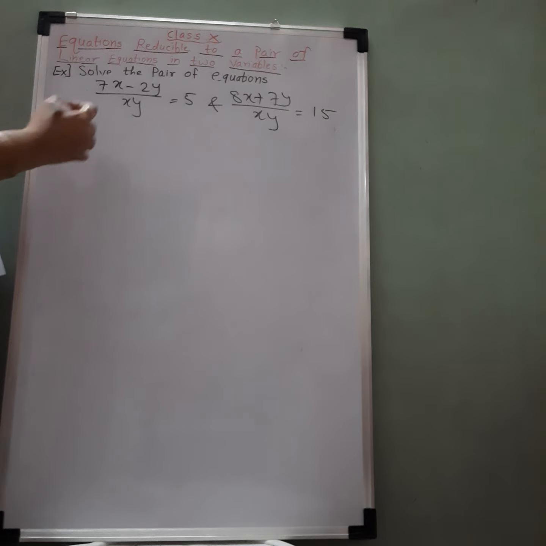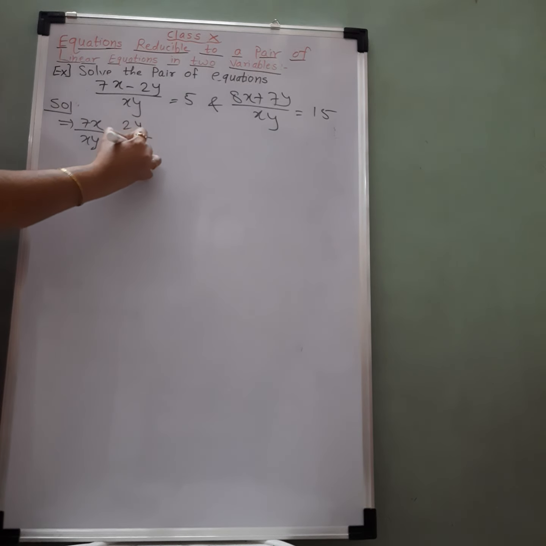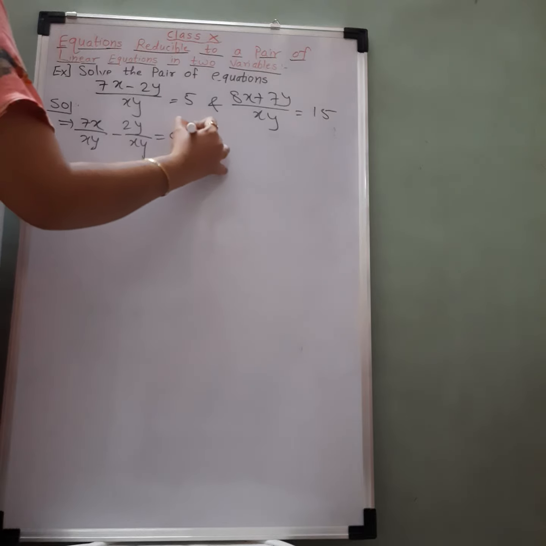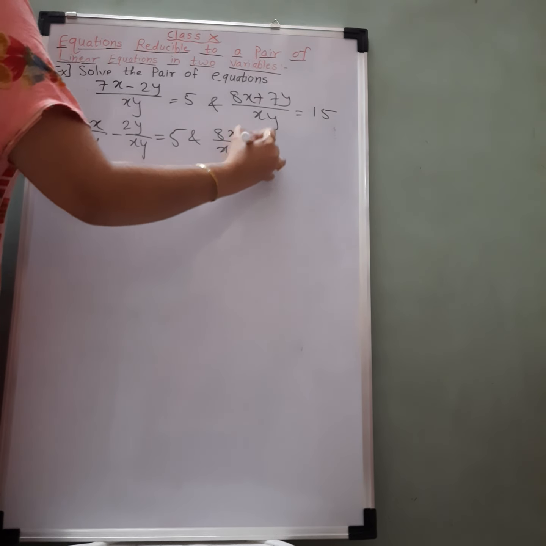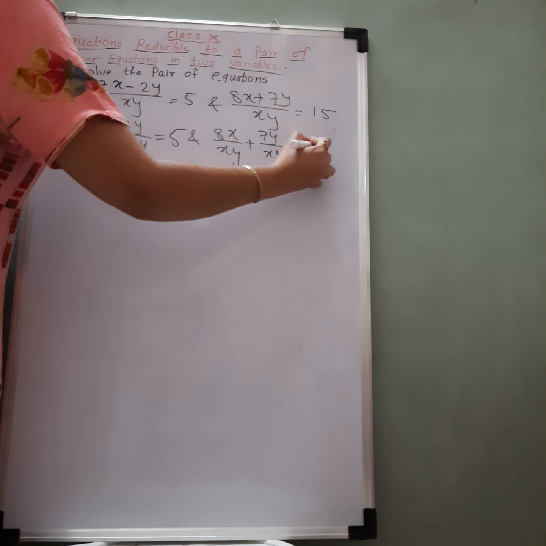Since the denominator is common, we will write it like this: 7x upon xy minus 2y upon xy is equal to 5 and 8x upon xy plus 7y upon xy is equal to 15.